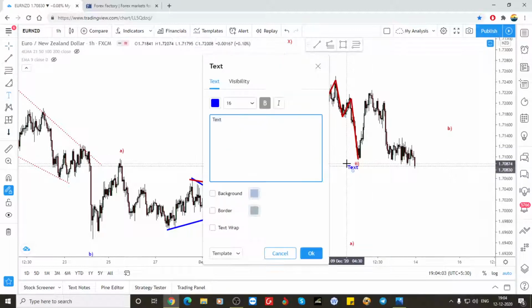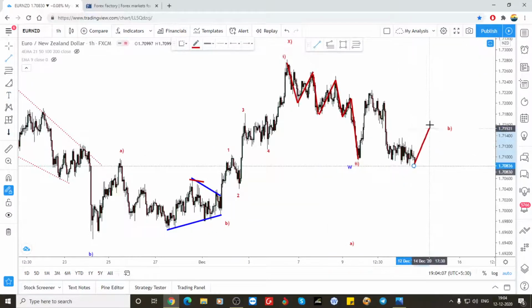So here what we have to do is W, and from here it can go again one more kind of impulsive wave, whether it could be an expanded flat or a running flat.